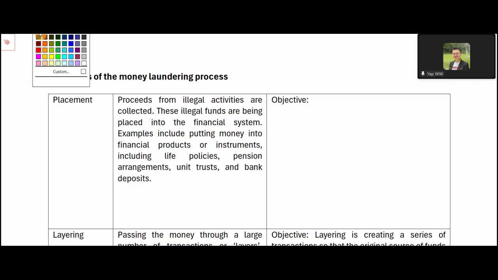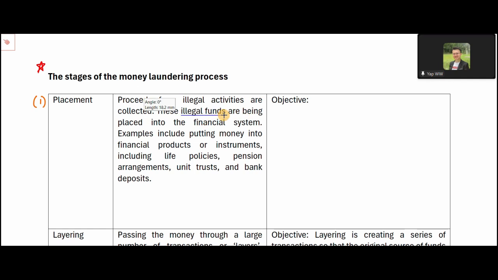First of all, placement. Placement is the process where the illegal funds are introduced into the financial system. Please underline this: illegal funds are being placed into the financial system.